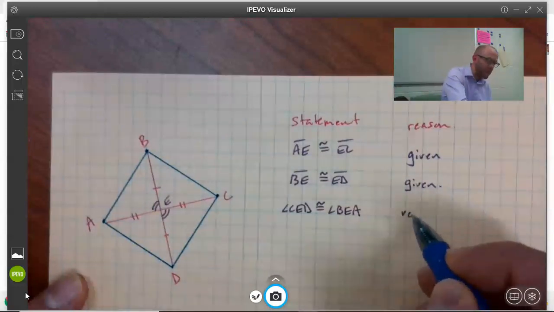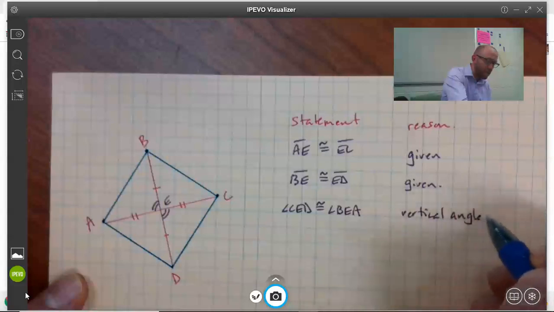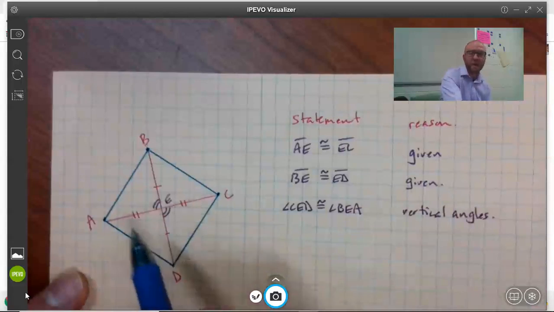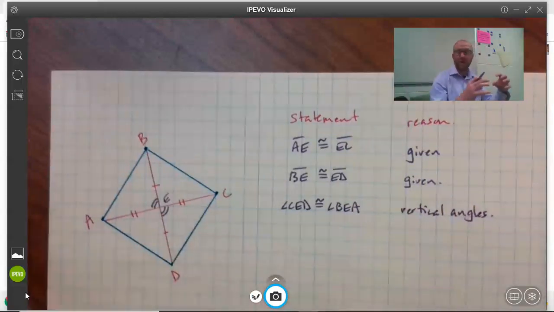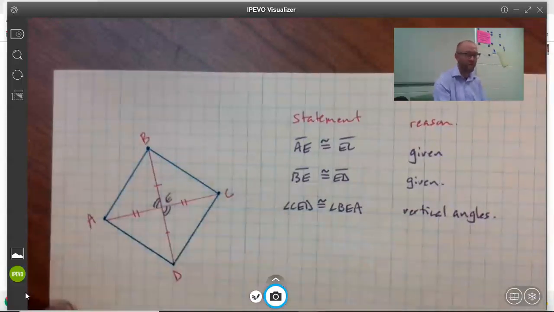And that is what we call vertical angles. Right? So vertical angles, anytime two lines cross, the angles that are directly across from each other, those are referred to as vertical angles. Don't ask me why. And they are congruent. They're the same size. Right?